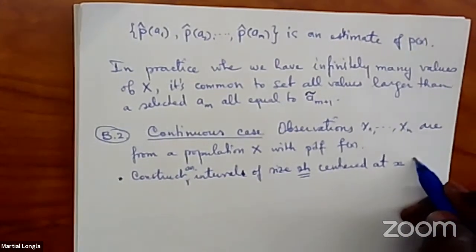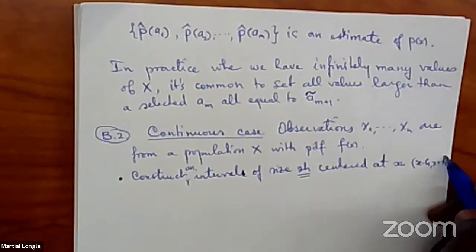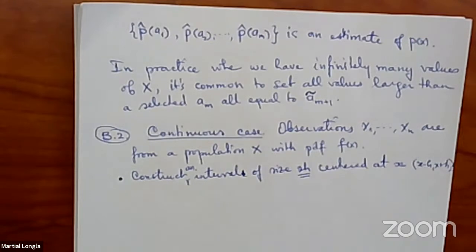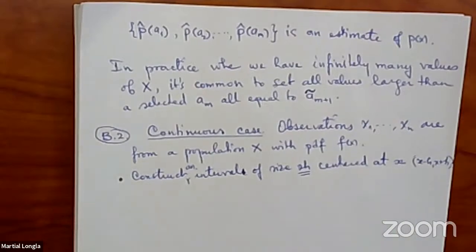That is technically x minus h, x plus h. That's what the statement means. We construct an interval of size 2h centered at x, which is x minus h, x plus h.